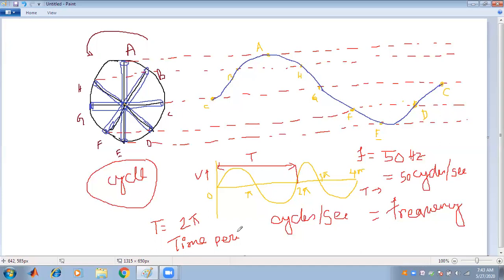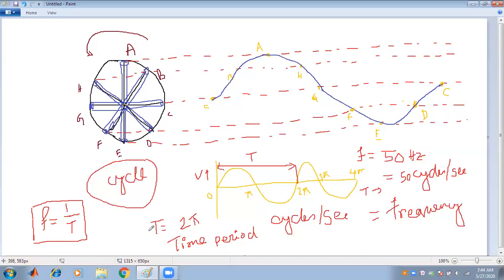So how is frequency related to the time period? Time period means the time interval after which the graph or the cycle starts repeating. Frequency is related to the time period: frequency is 1 by time period T. This is the general relationship between frequency and time period.